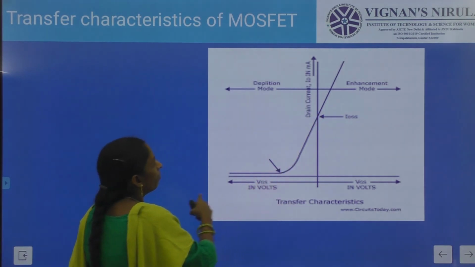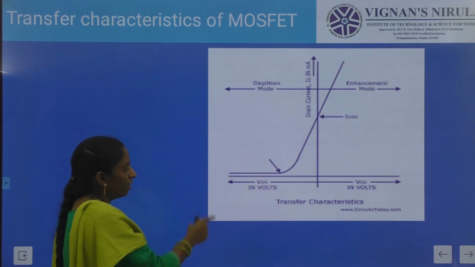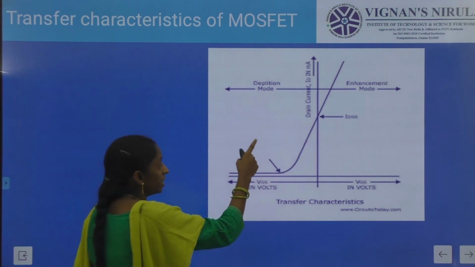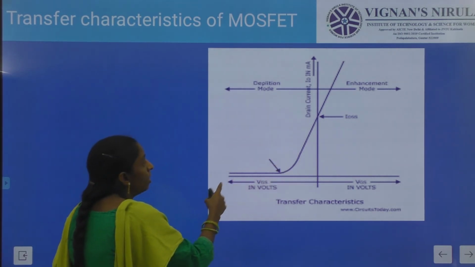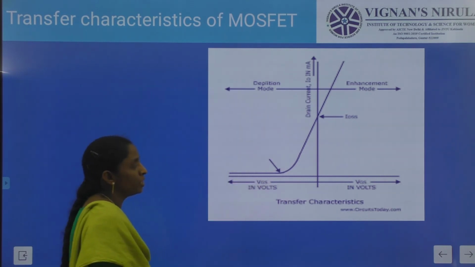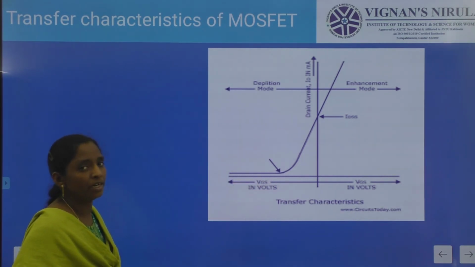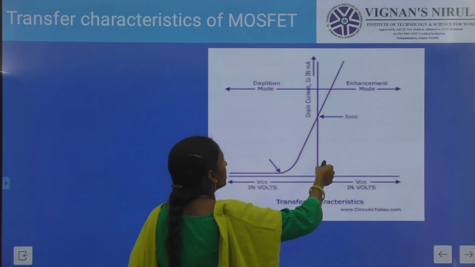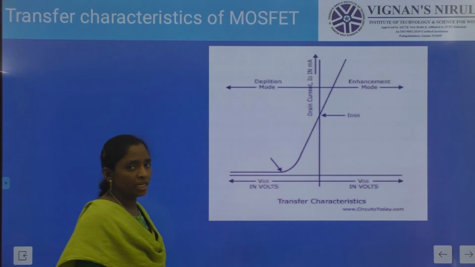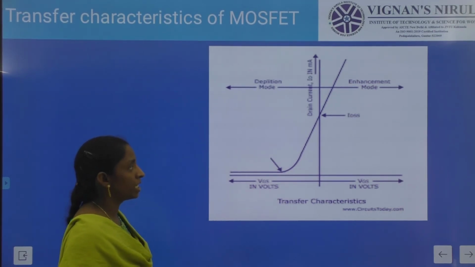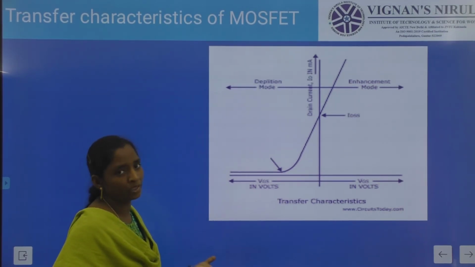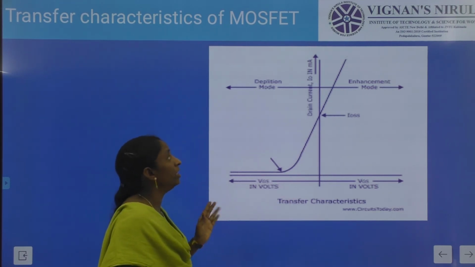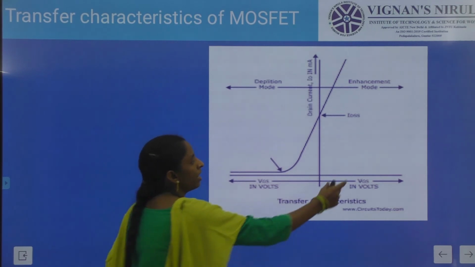For negative VGS, the transistor operates in depletion mode, which means majority charge carriers are reducing, and so there is less current. For positive VGS there are more majority charge carriers, which means more current is produced. This is the transfer characteristics of the MOSFET in depletion mode and enhancement mode.